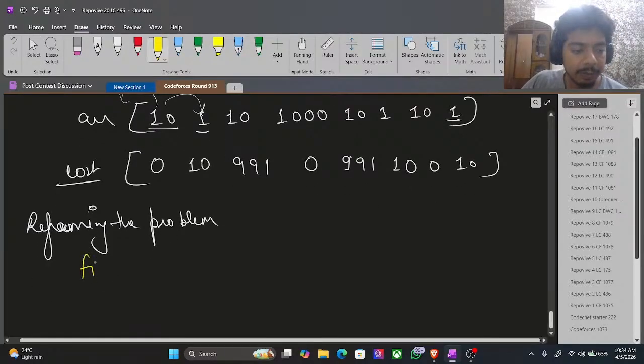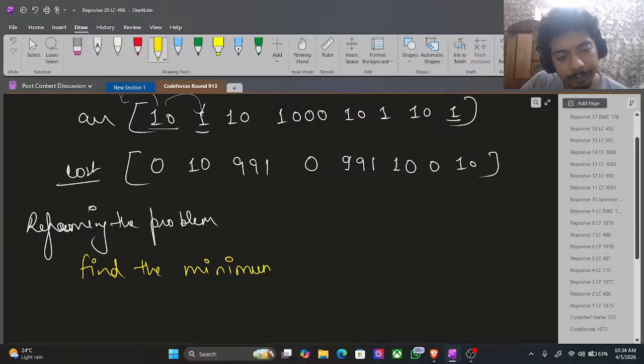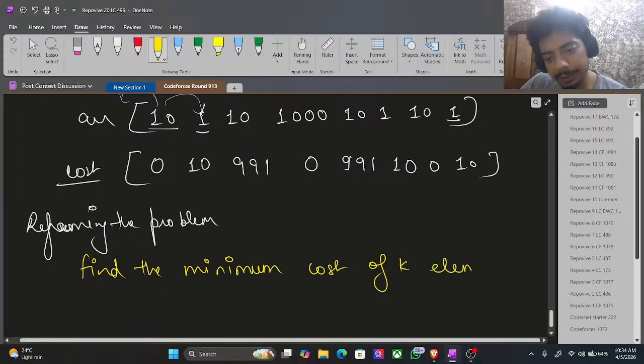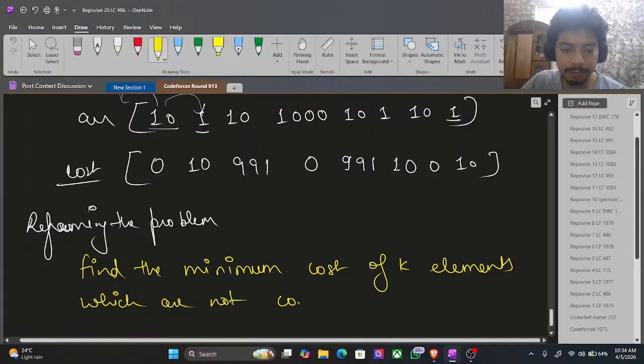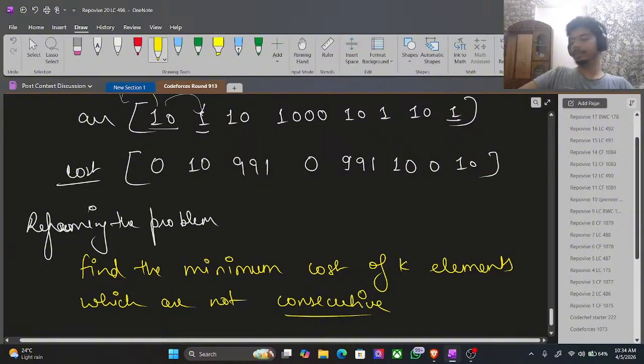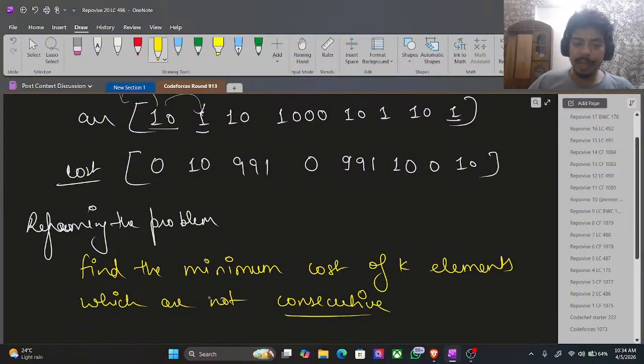I'm saying find the minimum cost of k elements which are not consecutive. So I have just reframed this problem into finding the minimum cost of exactly k elements which are not consecutive.